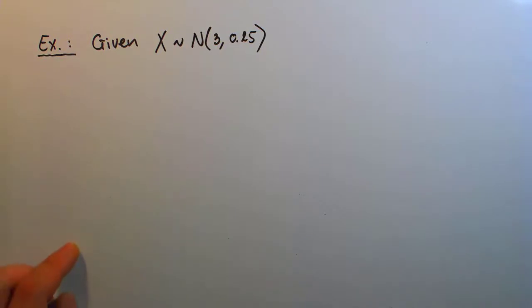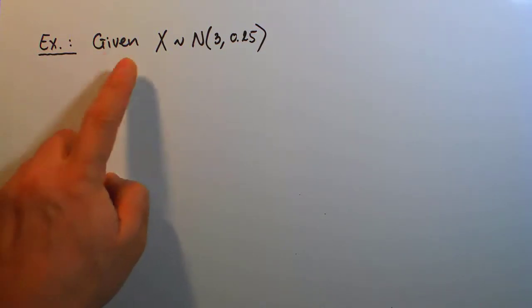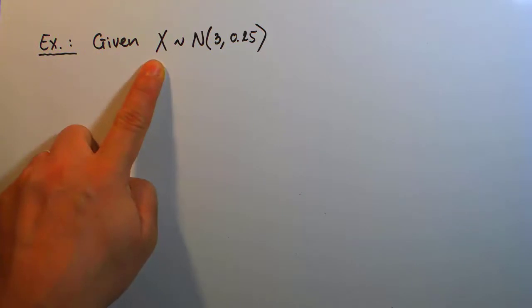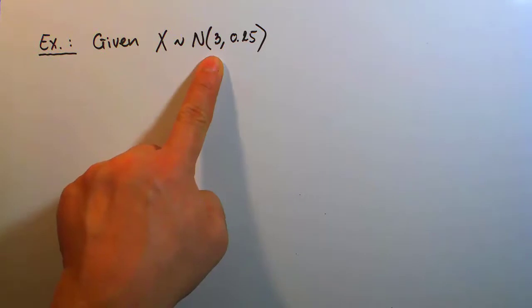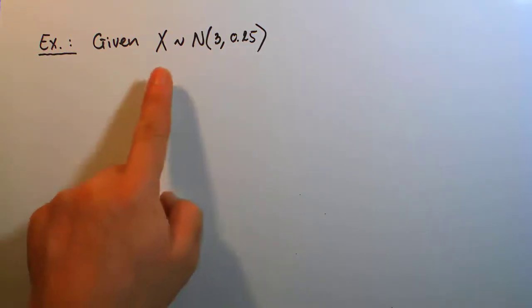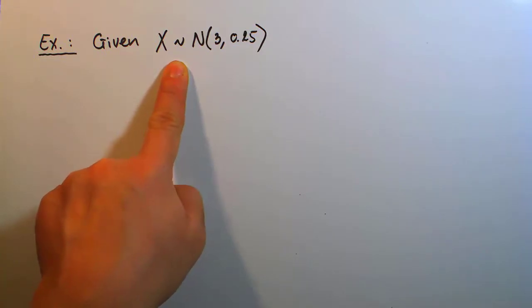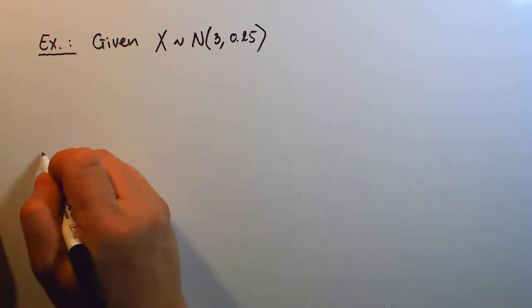As a quick example to illustrate the general formulation of this method when we're working on a general normal distribution, let's look at this example here. We are given a continuous random variable that is distributed normally with a mean at 3 and standard deviation 0.25. So apparently this normal distribution is no longer a standard normal distribution, but we will definitely have a bell curve.